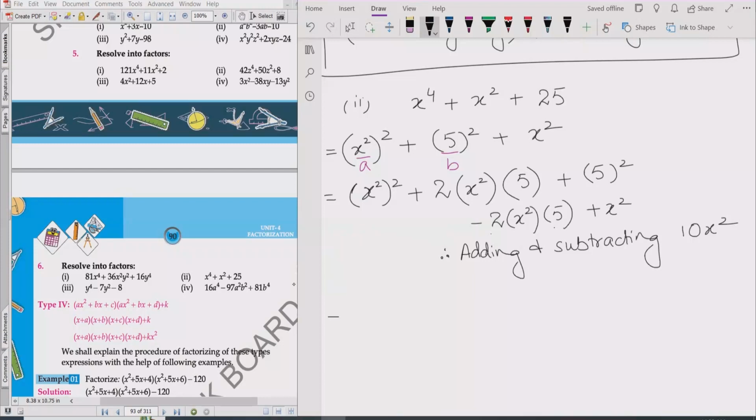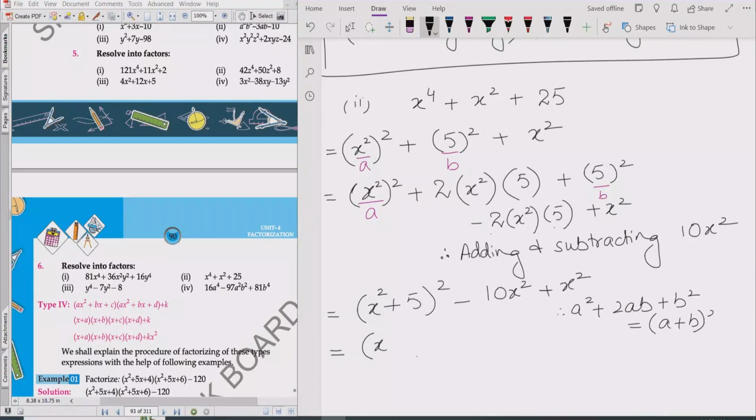So now we will solve this, like this is A and this is B. So we have to give the answer: x^2 plus 5, and now we have to subtract 10x^2, plus x^2. Now we give the reference here: a^2 + 2ab + b^2 = (a + b)^2.